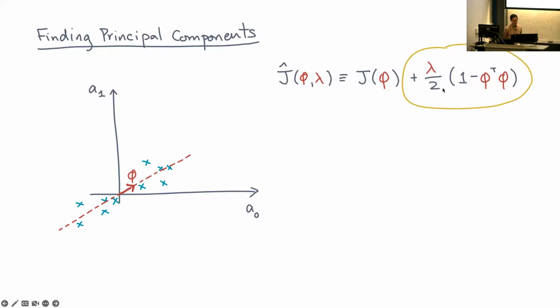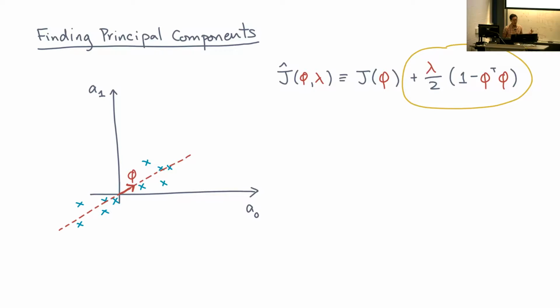Actually, what I've injected is lambda over 2, and that is for aesthetic reasons; it's just some constant. Then I will maximize this instead. So I'm going to maximize not J of phi directly, but this surrogate J hat of phi with this extra term. If you had more equality constraints, you would just add them in the same way with additional constants. So that's the method of Lagrange multipliers.